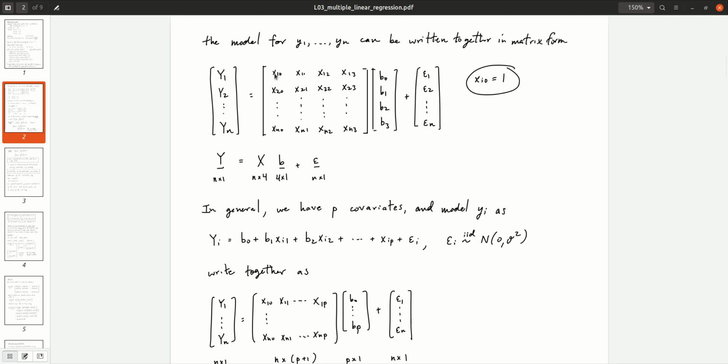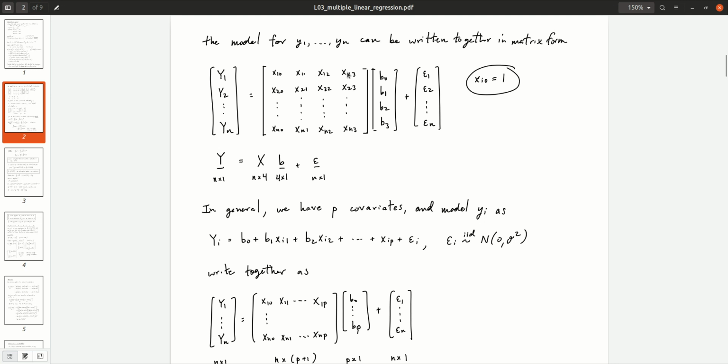So the first column here is going to be x1,0, x2,0, up to xn,0. Now, I haven't defined what that xn,0, the 0th covariate, is, but I'm going to define it for you right now. These are just 1s. So this is just the one vector, the one column of 1s.